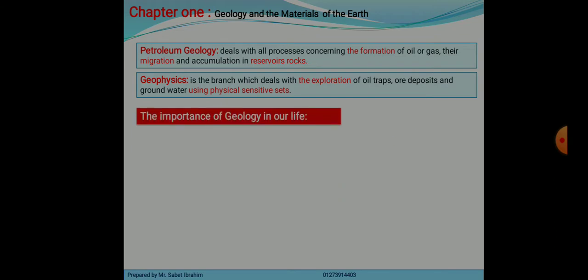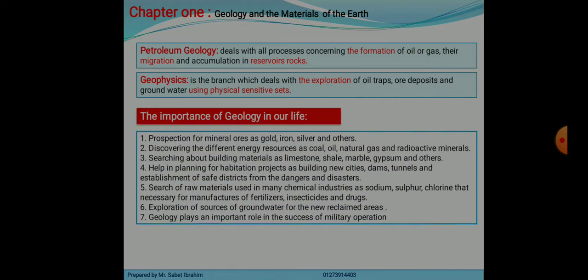And now, what is the importance of geology in our life? Geology prospects for mineral ores such as gold, iron, silver, and others. So it searches for mineral ores.